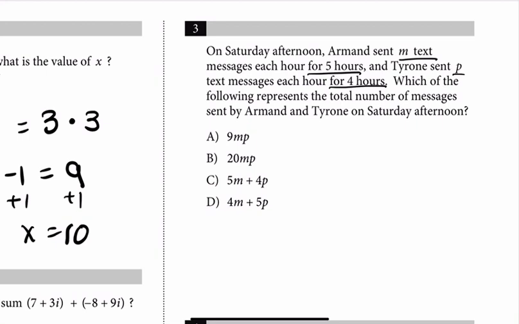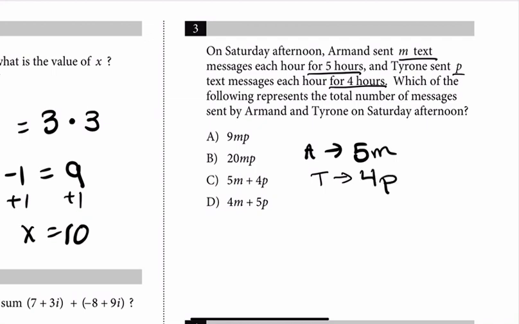So, in this case, we know that Armand, which I'm just going to write an A for, is sending 5 hours of text messages. Every hour he's sending M texts, and he's doing that for 5 hours straight, so I'm multiplying that. And then for Tyrone, he's doing the same thing, but instead of 5, he's doing it for 4 hours. He's sending P amount of texts.